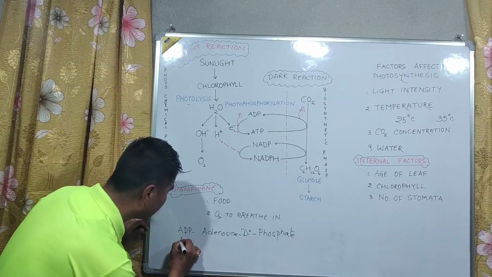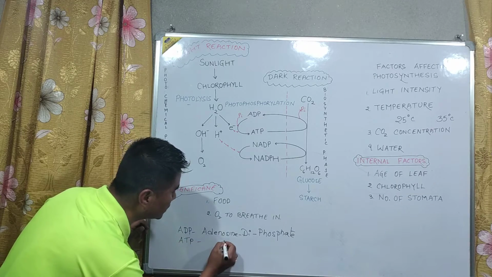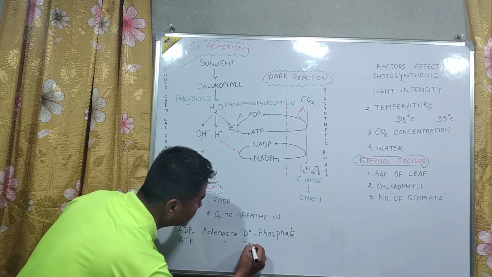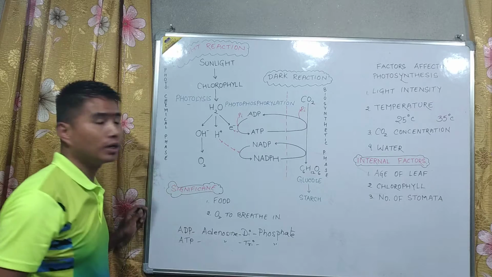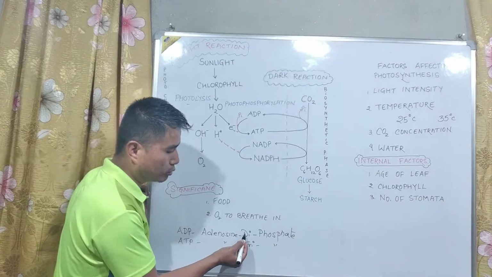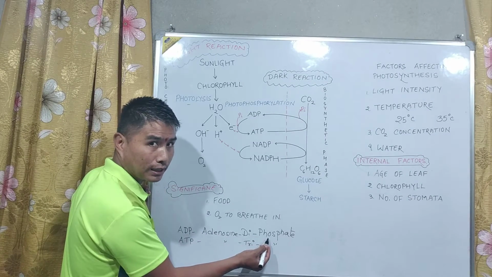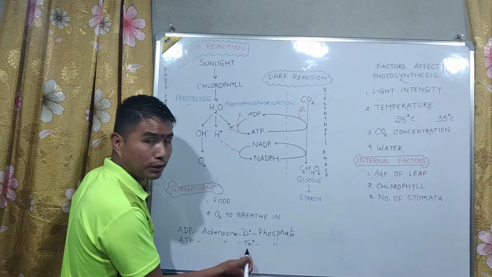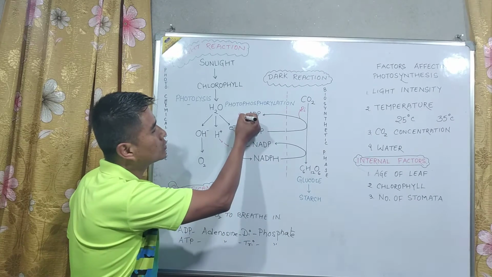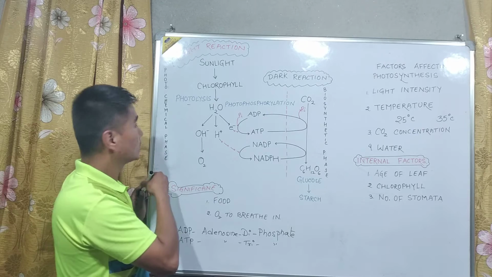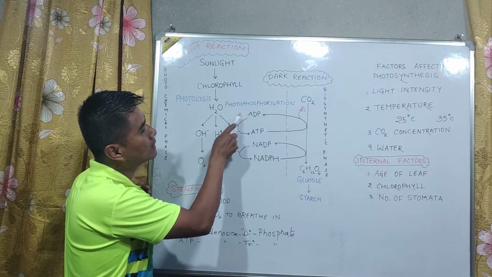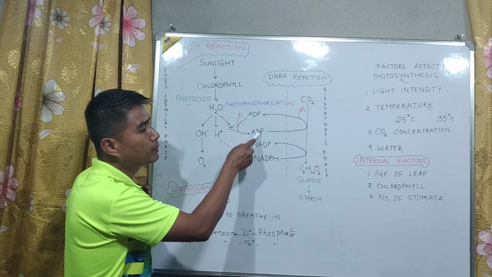So that means ATP is adenosine triphosphate. How is diphosphate, that means two phosphate ions, converted into triphosphate? One more phosphorus ion is added to ADP to become ATP.